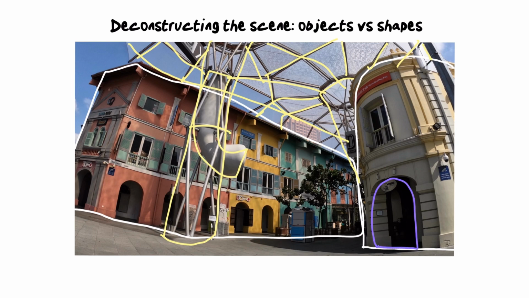Then there are the small ones like the doorways and the windows, and these can be seen as semicircles or rectangles or small strips, and they make the scene more interesting. These are what we call the details.